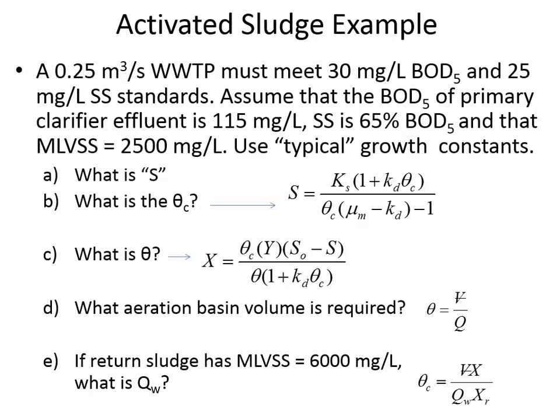So BOD soluble plus BOD suspended. It says in the problem statement that suspended solids is 65% BOD. That means the little particles that are going to be discharged to the river, we're allowed to have 25 milligrams per liter of those particles, but those particles are part fixed solids and part of them are volatile solids that have a BOD. And so we want to account for that.